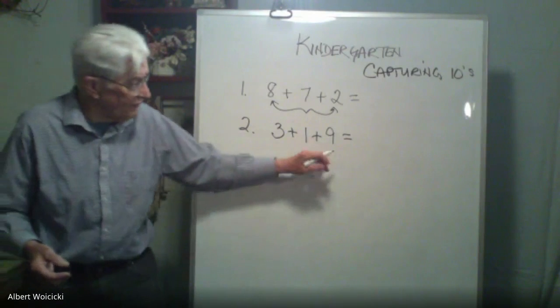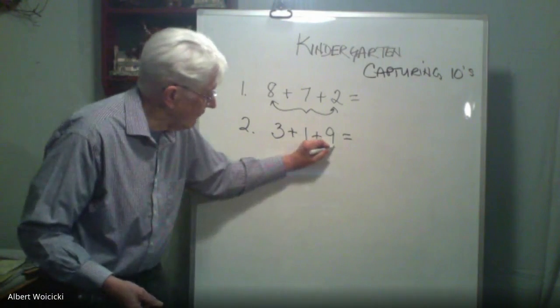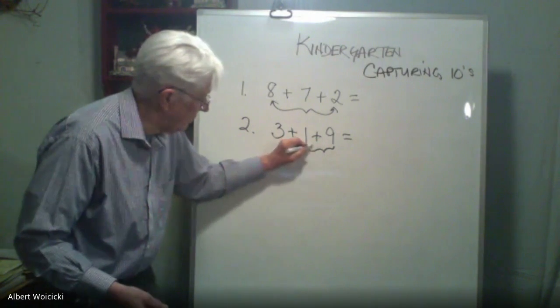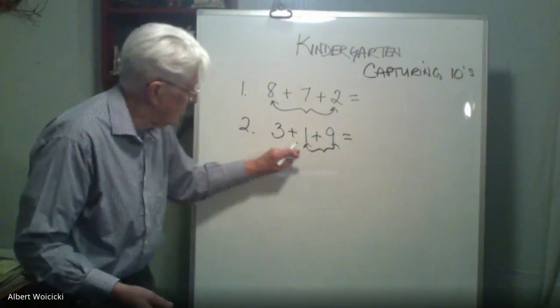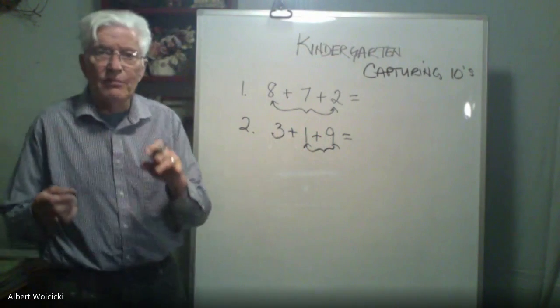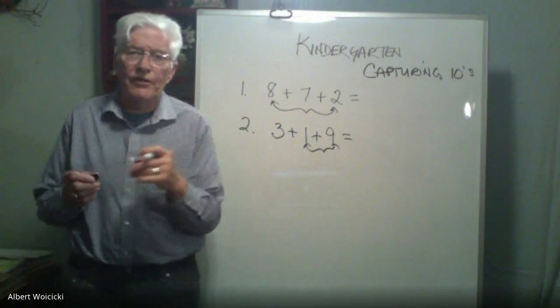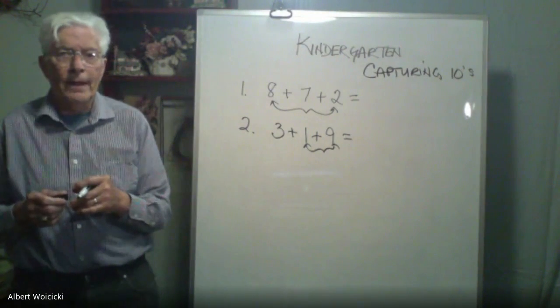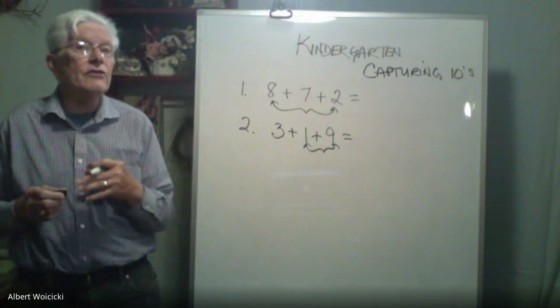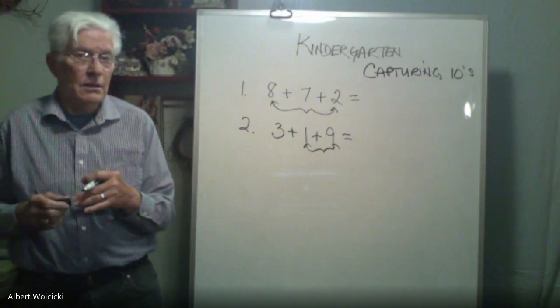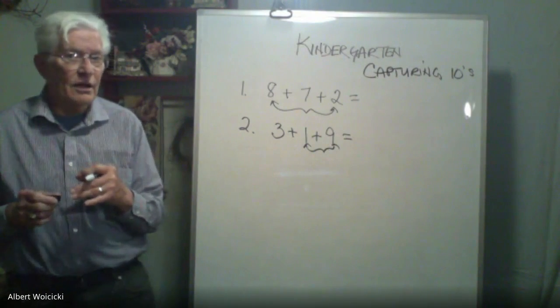But if they remember that these two right here are 10, then 10 and 3 make 13, which is a much easier thing for them to understand. So go for the easy idea, the much easier idea.